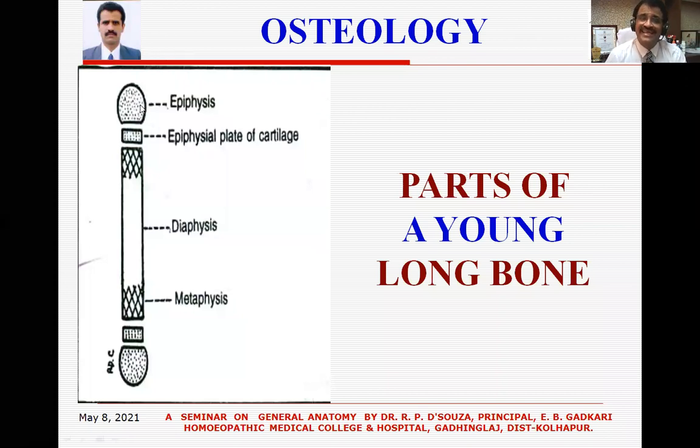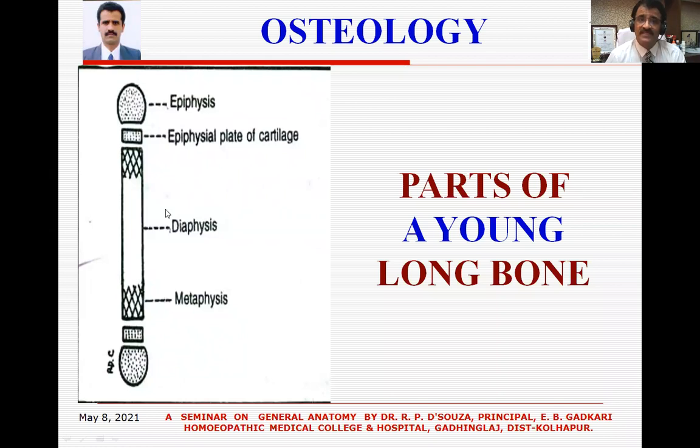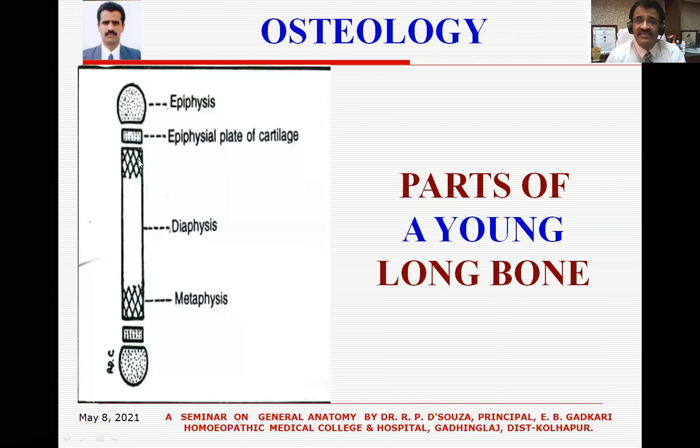Those are called as secondary ossification centers for two epiphyses. And the end of the diaphysis, in between epiphysis and diaphysis, is called as metaphysis. So there are two metaphysis ends. In between epiphysis and metaphysis, there is an epiphyseal plate of cartilage where the active growth of the bone takes place. So these words you have to remember: epiphysis, epiphyseal plate of cartilage, diaphysis, and metaphysis.